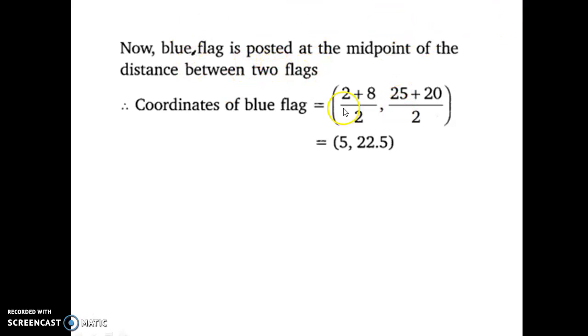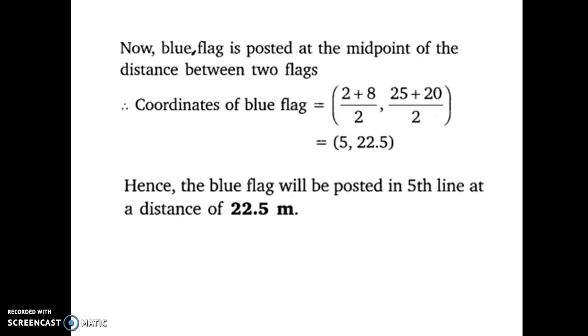So substitute the values. 2 plus 8 is 10 by 2. 10 by 2 is 5. Then 25 plus 20, that is 45 by 2, so you will get 22.5. This is the new place where the one more girl, Rashmi, will place the blue flag.